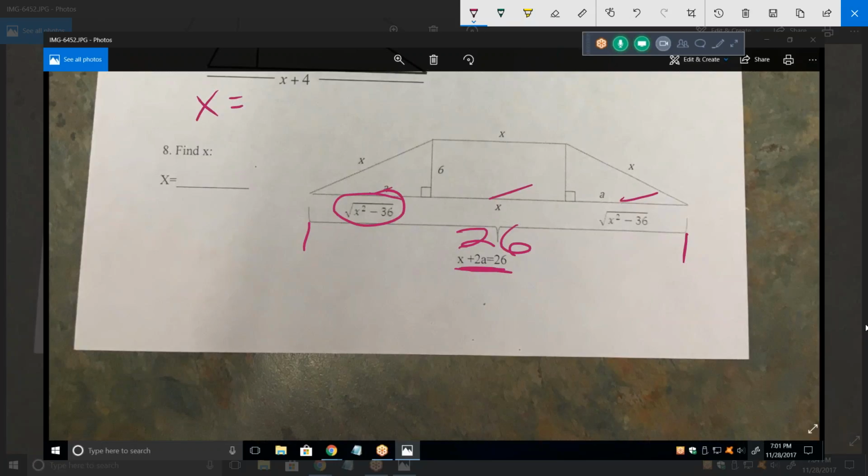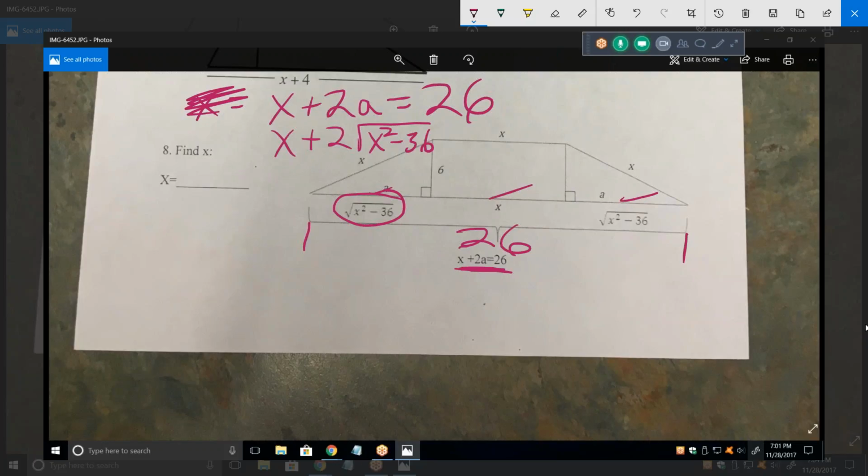So if I have x plus 2a equals 26, that means x plus 2 times the square root of x squared minus 36. See how I get to that equation? They tell us what a is, so all I'm doing is substituting that in for a.